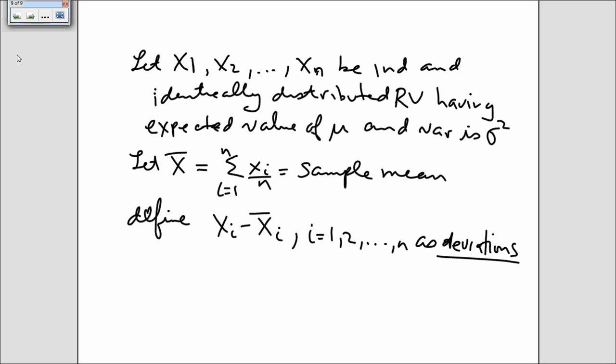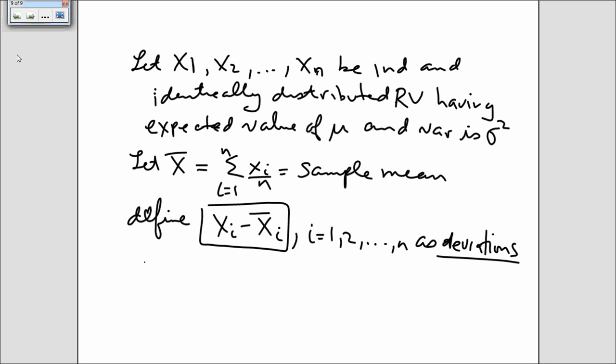Okay, we're going to define them to be the deviations. So x1 minus x bar is one deviation. x2 minus x bar is another deviation, all the way up to xn minus x bar. That's it, the last deviation.